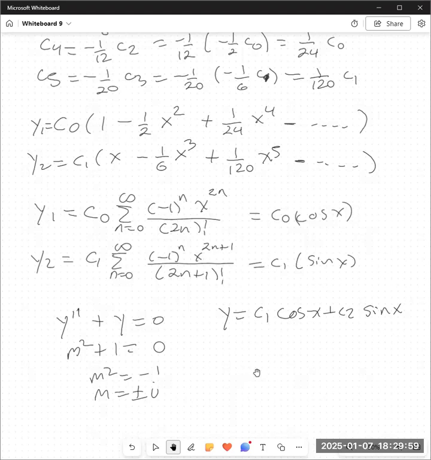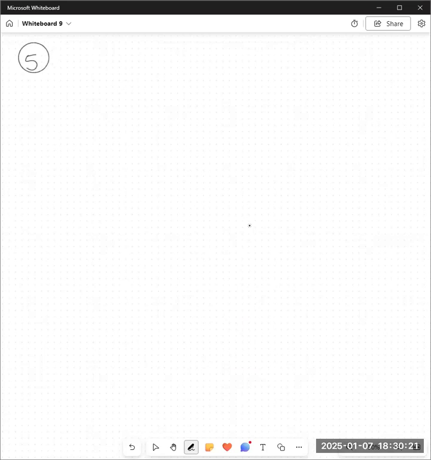Let's go ahead and also look at number 5, which we're going to do both ways again. And this will be the last one that we do both ways. This is just to establish that this technique is actually working and giving us the right answer.